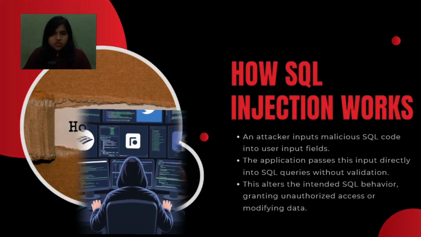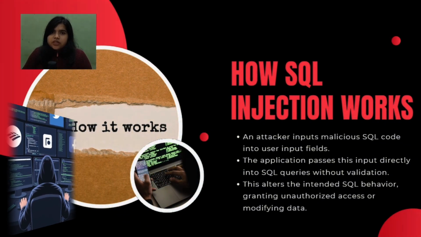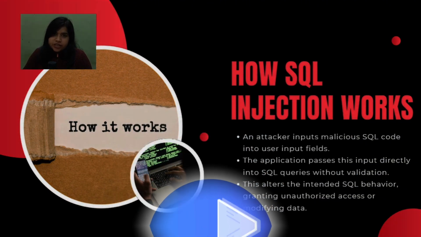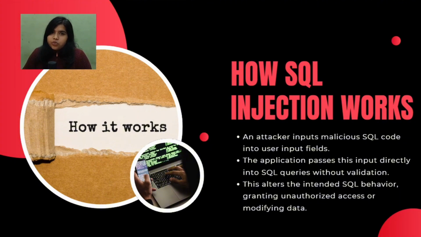In that search input, the attacker gives certain SQL code, and when we are not using any validation, that gets passed directly to the SQL query, and that query gets run. When it gets run, it gives the data, and in some cases it gives a grant of the data to the attacker. So the application passes this input directly into SQL queries without validation. This alters the intended SQL behavior, and it grants the attacker unauthorized access or the ability to modify data.